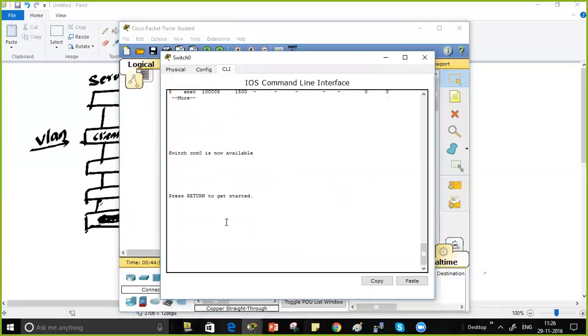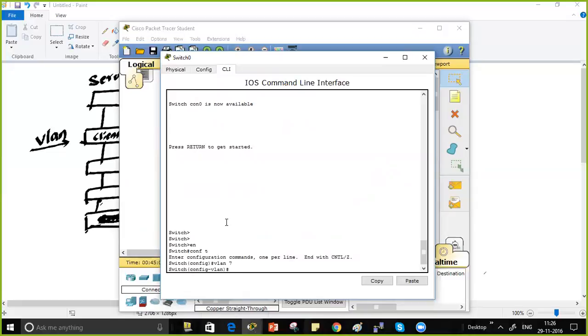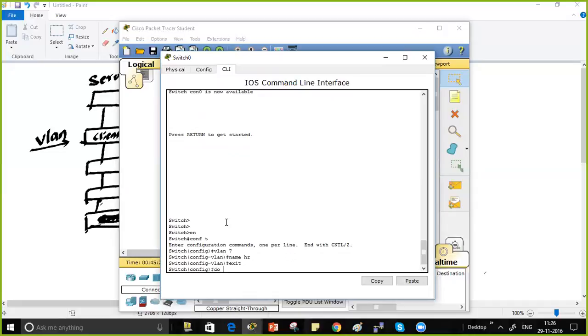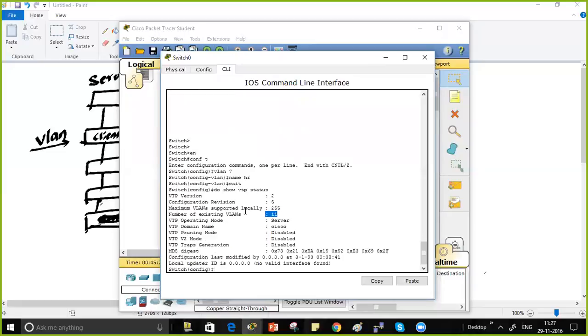If I configure another VLAN here in the first switch, with a name, now 10, right? I'm configuring the name also. Now see this. Yeah, 11.